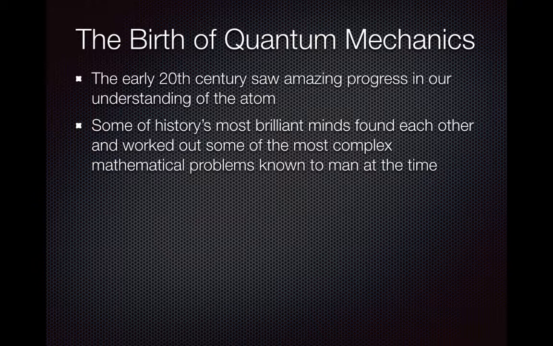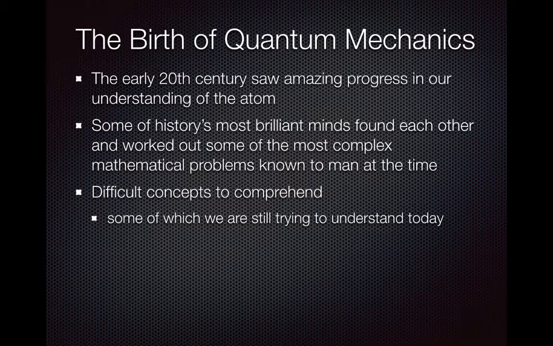And it's one of those times in history where a lot of important people found each other and were able to get together and work out some of our more complex mathematical problems and how they applied to quantum mechanics. So a lot of these concepts were extremely difficult to comprehend, some of which we still try to understand today.